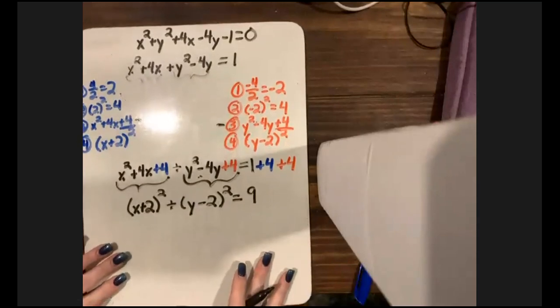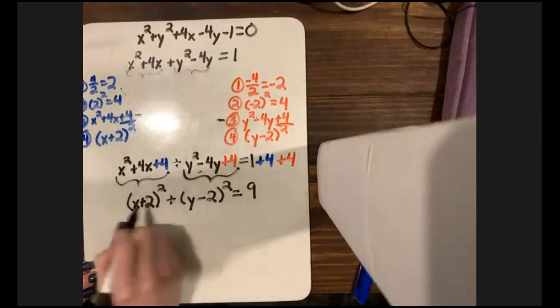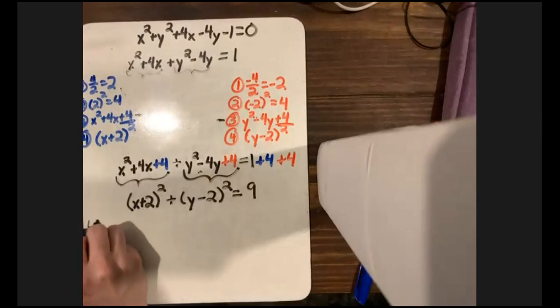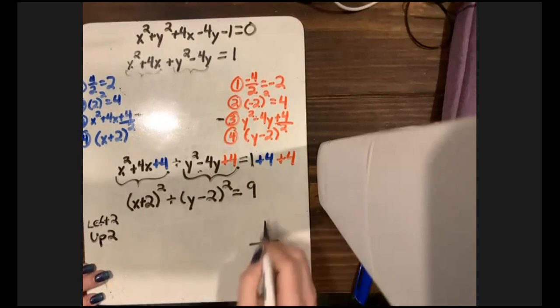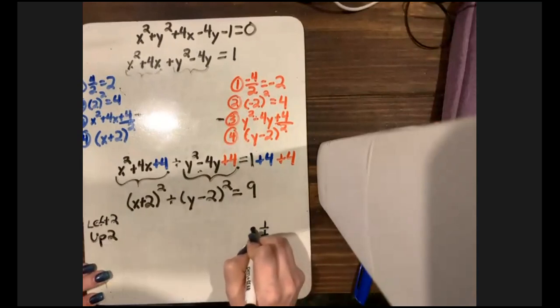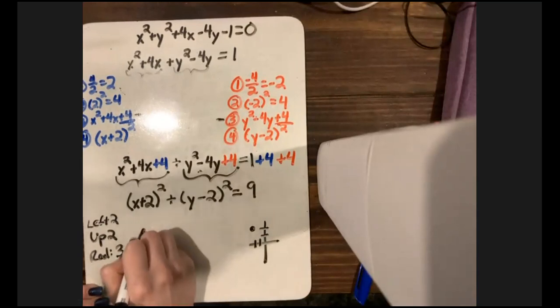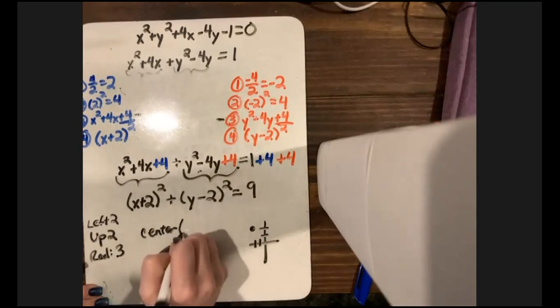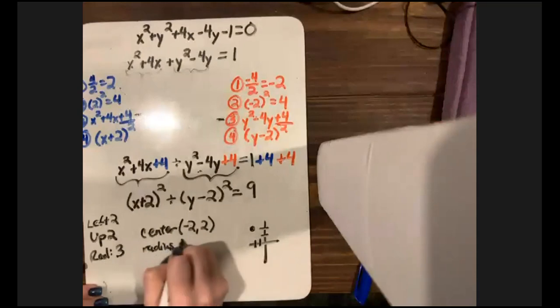We can now discuss where the center is and what the radius is, because looking at this, we went left 2, up 2. It has a radius of 3. So my center is at -2, 2. I have a radius of 3.